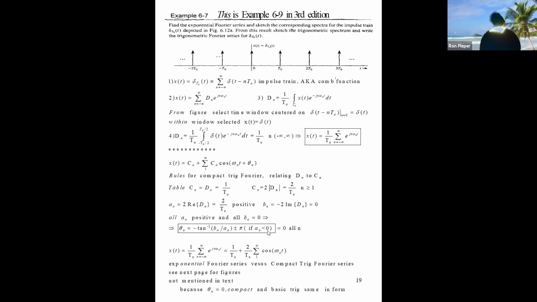And because you only get the pi when the An is negative, but all the An are positive, the conclusion is all the theta n would be equal to 0. And therefore, the complex exponential Fourier series would reduce to this form right here. Any question about that?